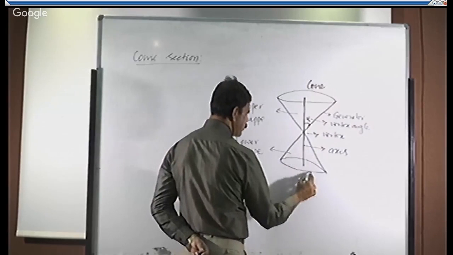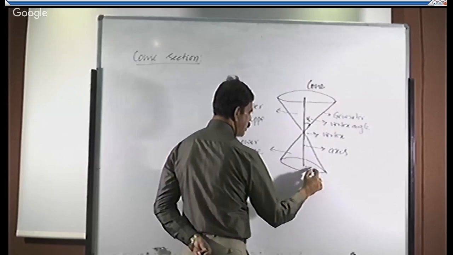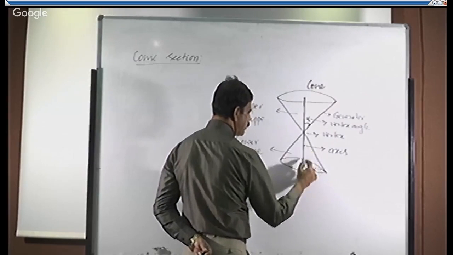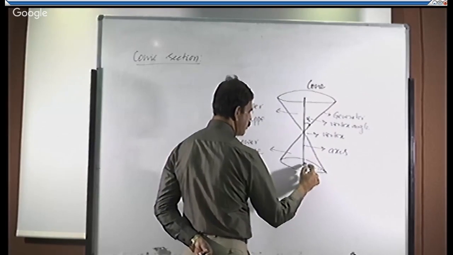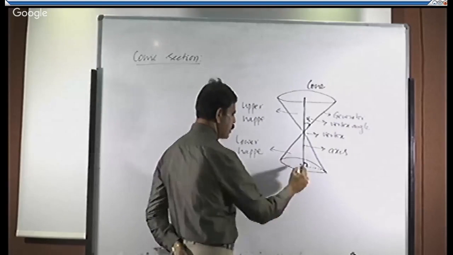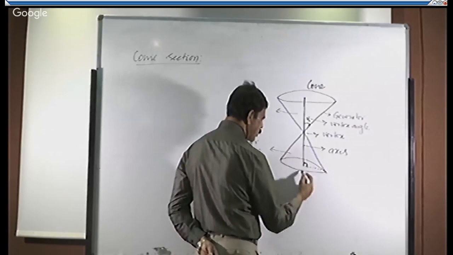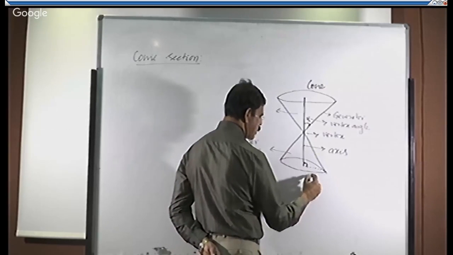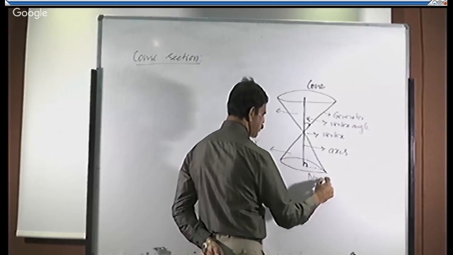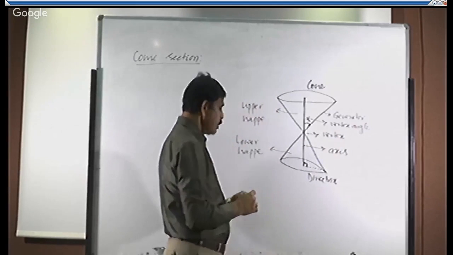The circumference is of a circle, and the axis is always perpendicular to the circular base. This circumference is called the directrix.